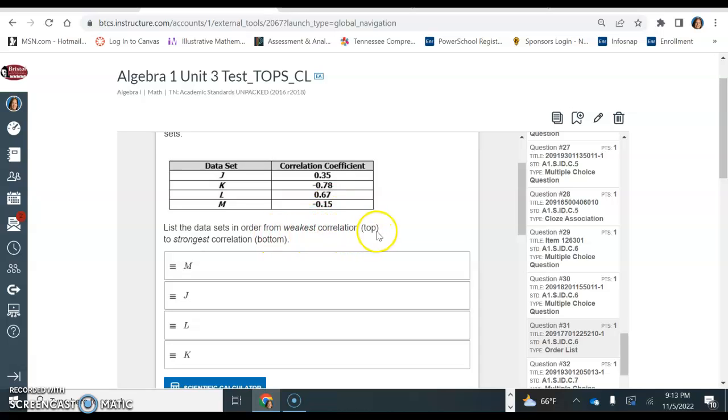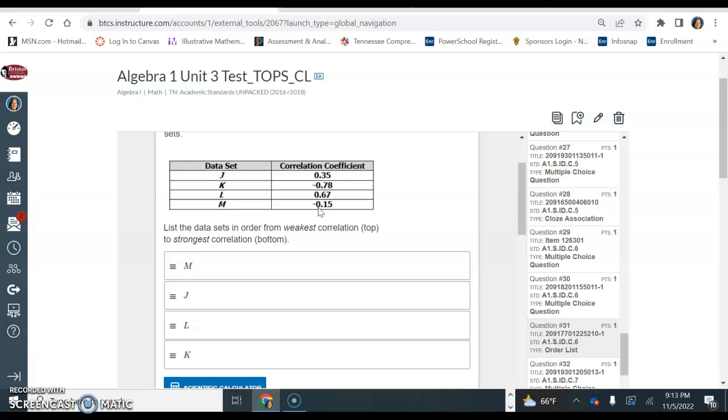So to go from weakest to strongest, we just have to go from the smallest number to the largest and ignore the positive and negative signs, because 1 and -1 both have a very strong correlation, where 0 is in the middle of 1 and -1. That means there's no correlation, it's very weak.